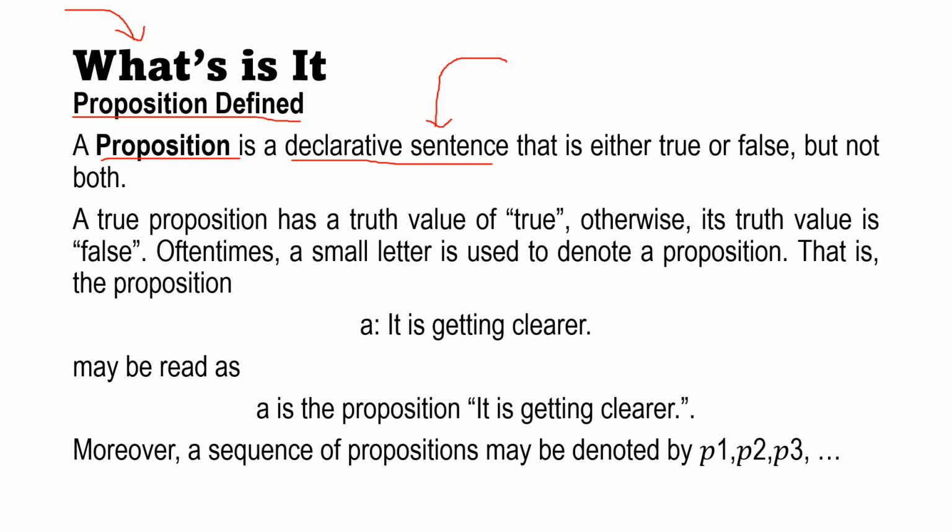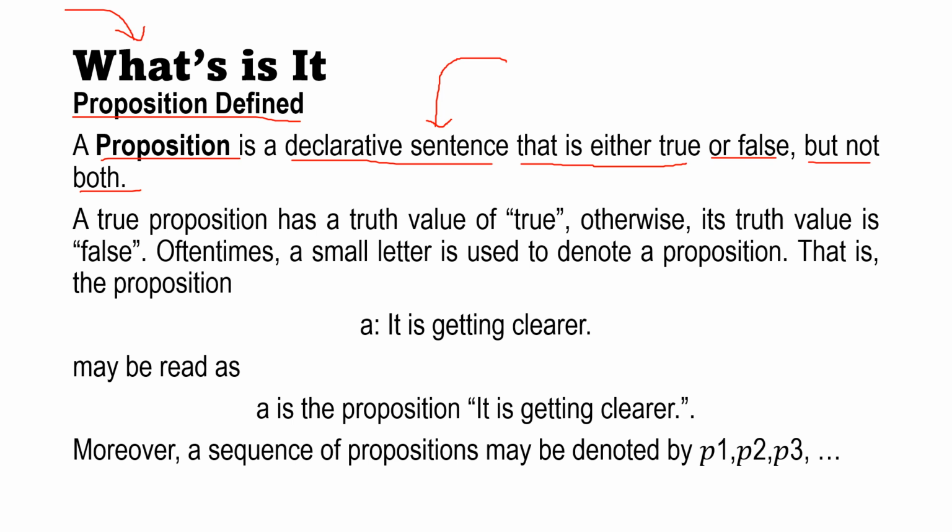It can be a fact or an opinion that is either true or false. It can be true or false, but not both. Meaning to say, if the statement is a true statement, it's only a true statement, but not at the same time a false statement.